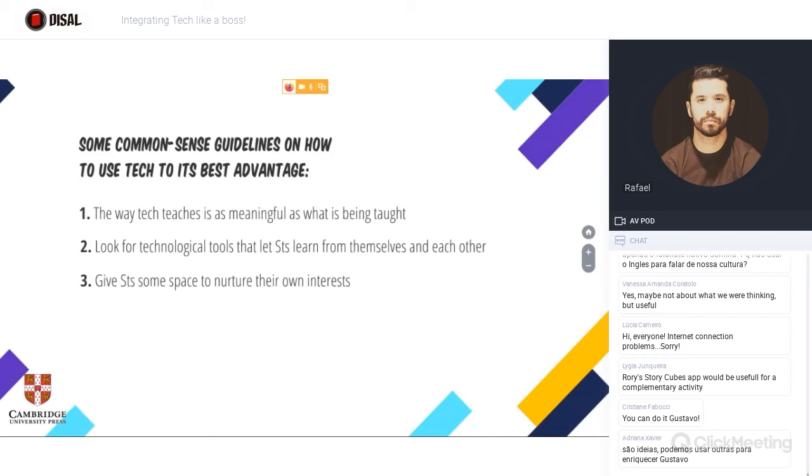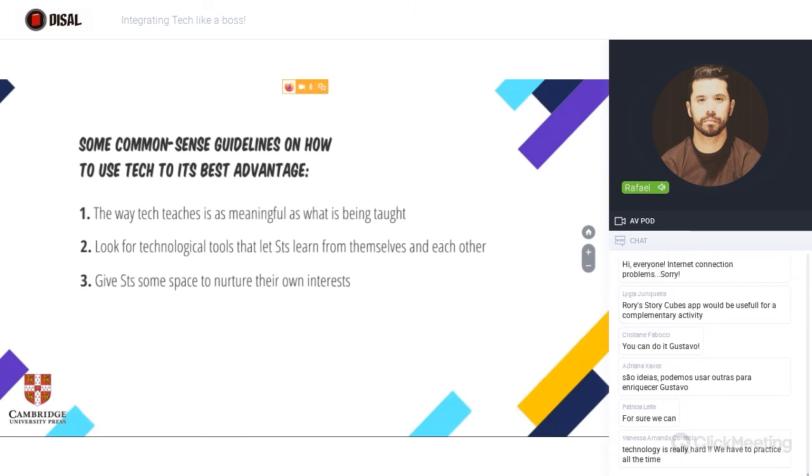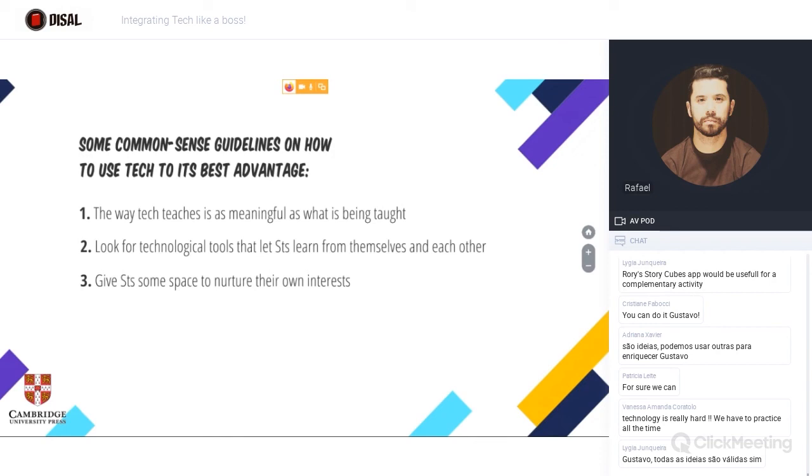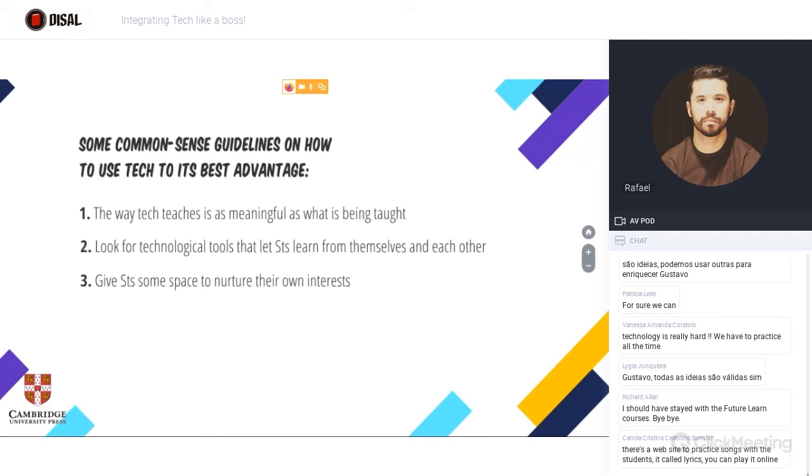The third, very simple tip would be to give students some space to nurture their own interests. Being willing to learn from students and being aware that they have their own things they like, the things they dislike, and the things they super appreciate doing is also super meaningful for our classes.